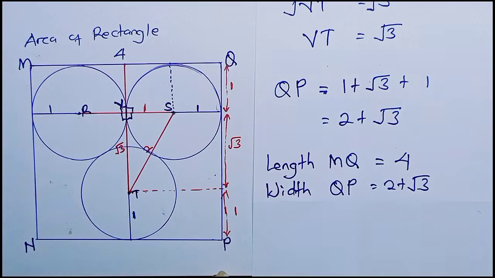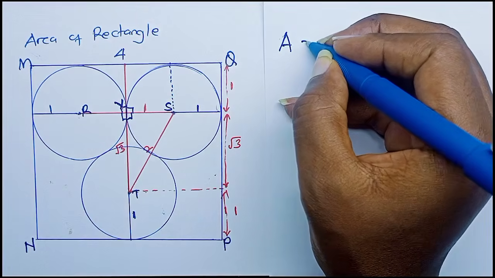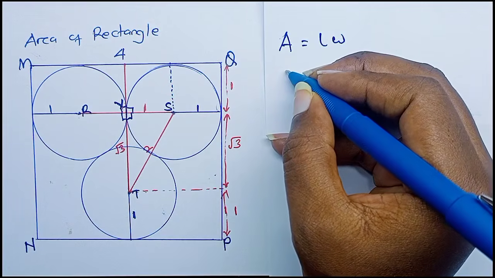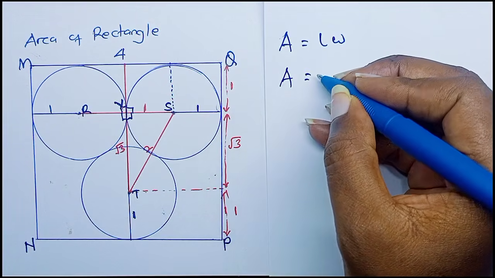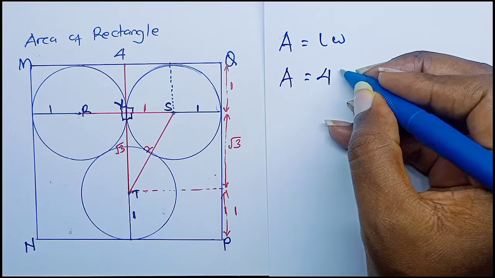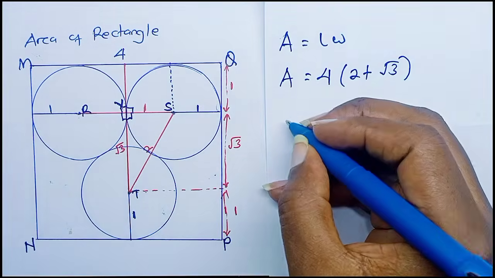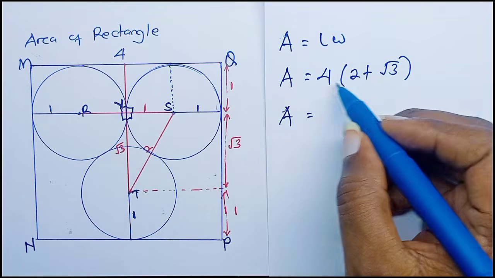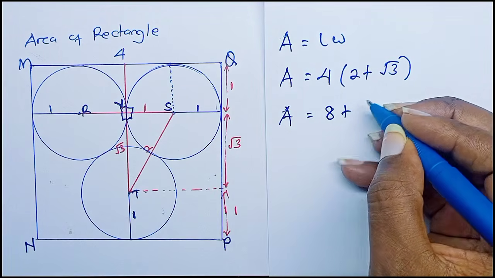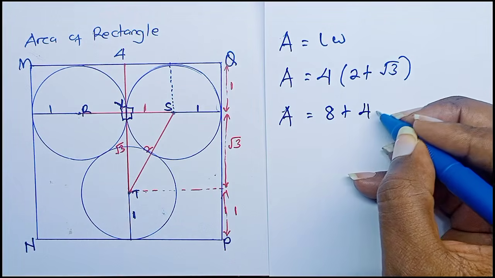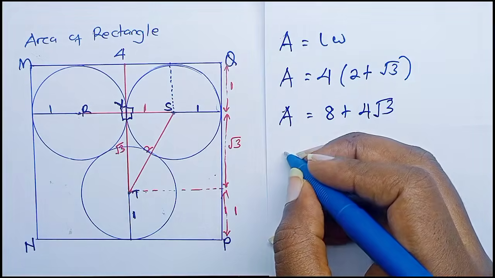So now we can find the area of the rectangle. We know that area is equal to length times width. So our length is 4, and our width is 2 plus root 3. So area is equal to 4 times 2 is 8, plus 4 times root 3 is 4 root 3.